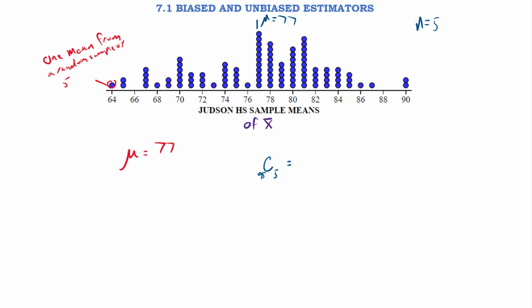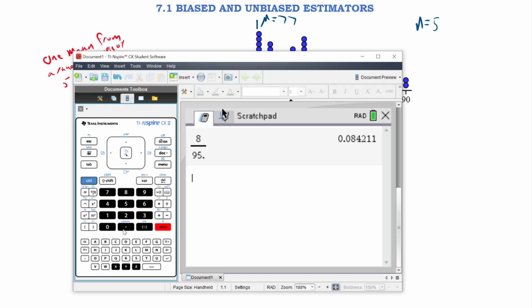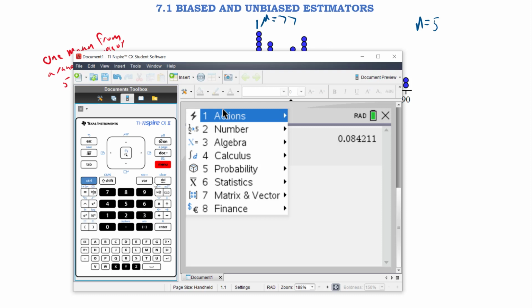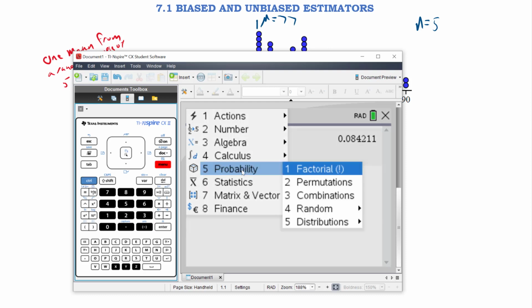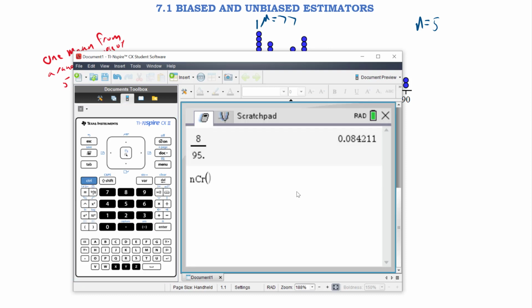And that would give us our value. So what would we get here? If we did that in the calculator, we would pull up the menu, go to probability, and choose combinations, because we want to eliminate the repeats. So we use combinations, with 95 being the amount we had, and we were taking a sample of 5 from each one.